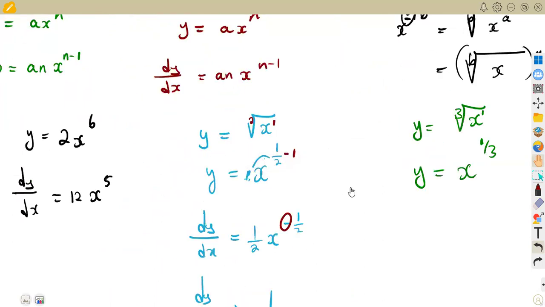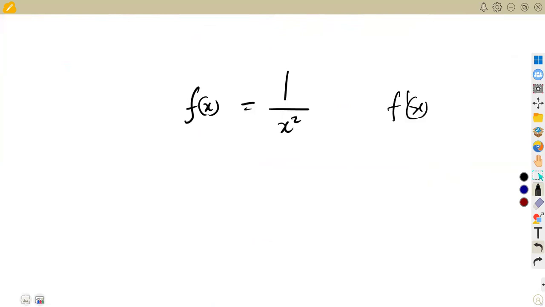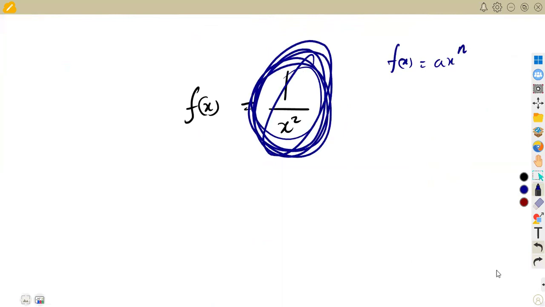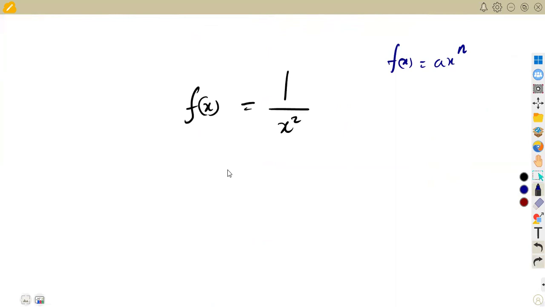The same applies even if you're given a fractional question: f of x is given as 1 over x squared, and you need to find the first derivative with respect to x. What are we going to do? We need the presentation f of x equals a x to the exponent of n, and this is not what we're having. It's vice versa to that. It's totally vice versa.